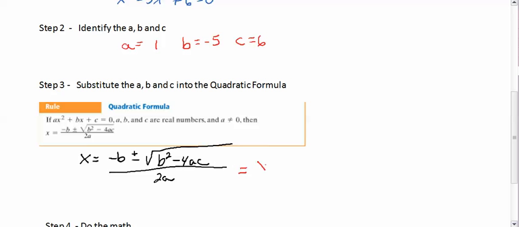So x is equal to negative b. Well, what is my b? My b is negative 5. So I keep my negative just like we did. You keep your negative. You plug in your b, which is negative 5, plus or minus the square root of b, which again is negative 5 squared, minus 4.